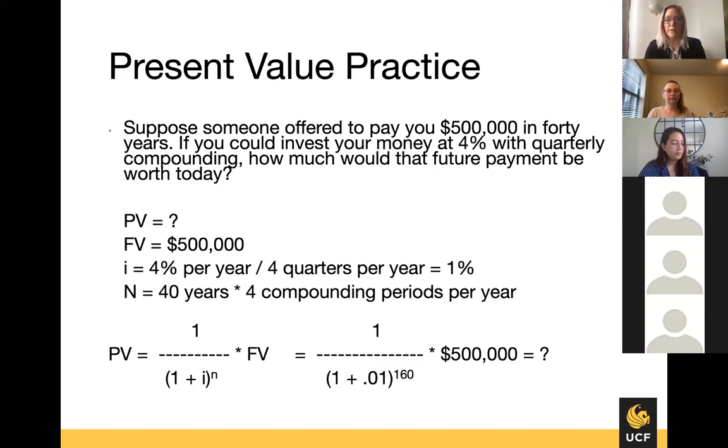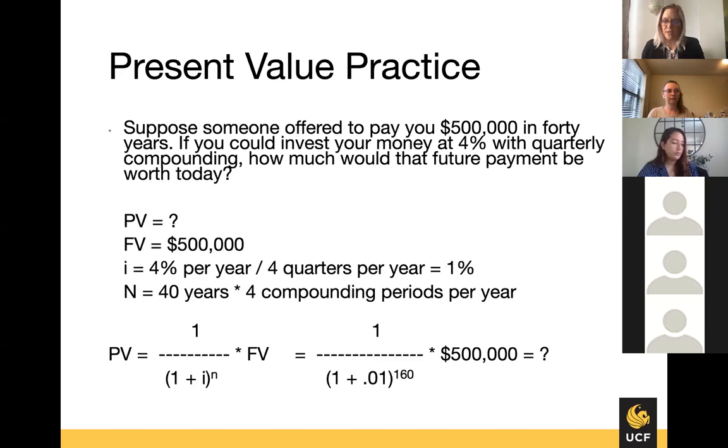What is that equivalency? So we know that the future value in this example is $500,000. We know the interest rate is 4% per year, but in this example, we're compounding that interest on a quarterly basis. And so we need to divide the 4% annual interest rate by the 4 quarters in the year so that we're actually inputting into the formula 1% interest per compounding period.